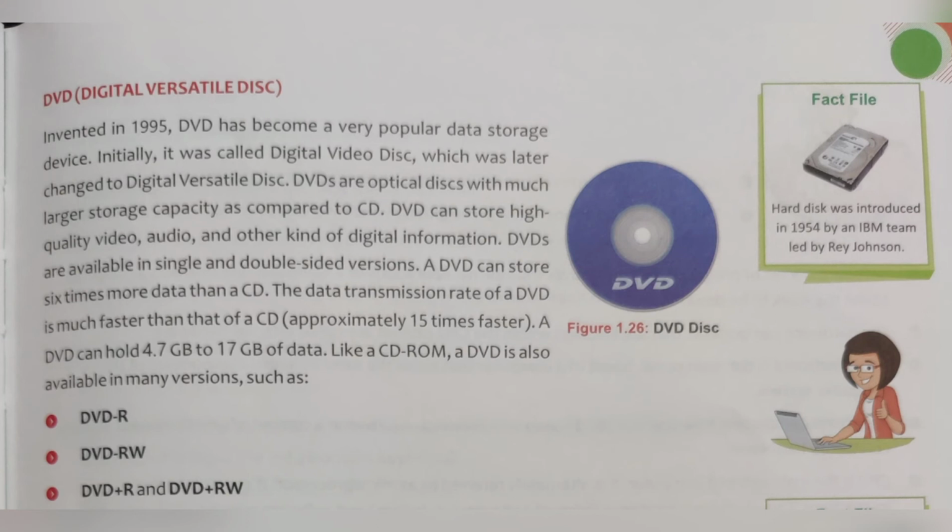DVDs are available in single and double-sided versions. A DVD can store 6 times more data than a CD. The data transmission rate of a DVD is much faster than that of a CD, approximately 15 times faster. A DVD can hold 4.7 GB to 17 GB of data.